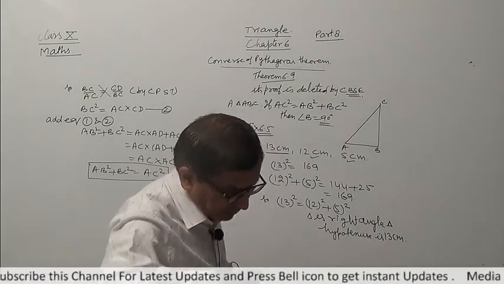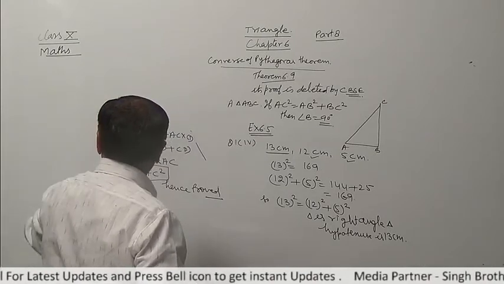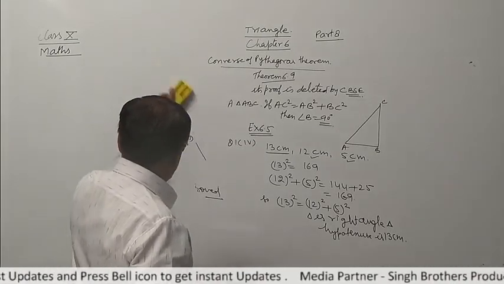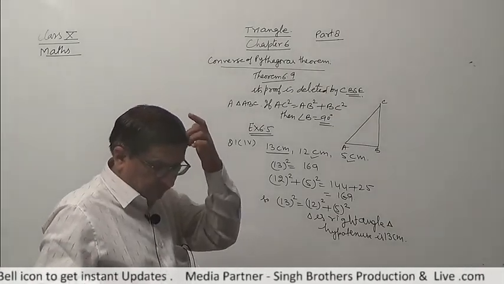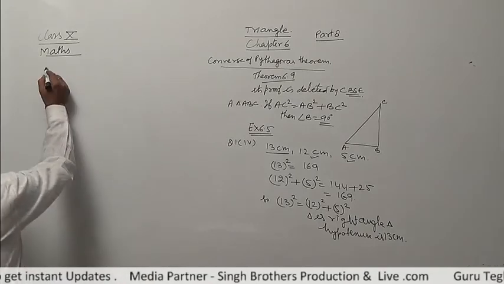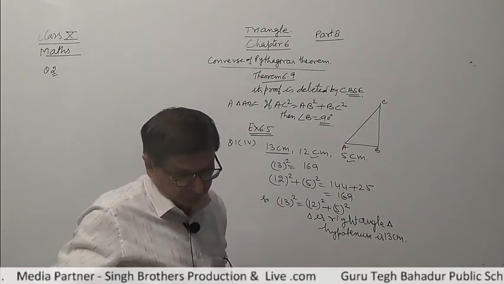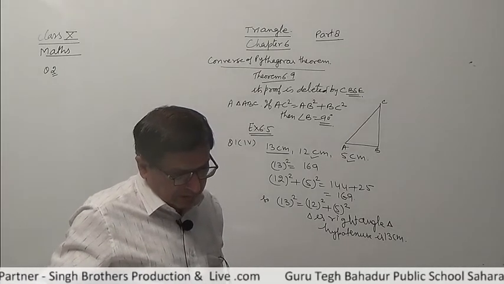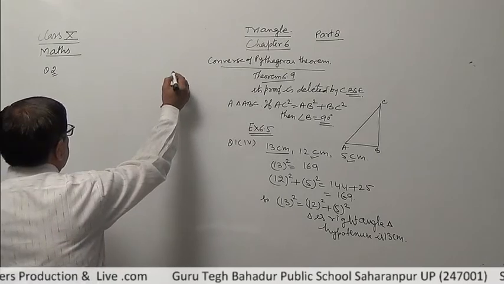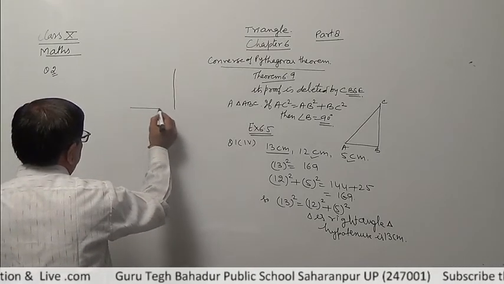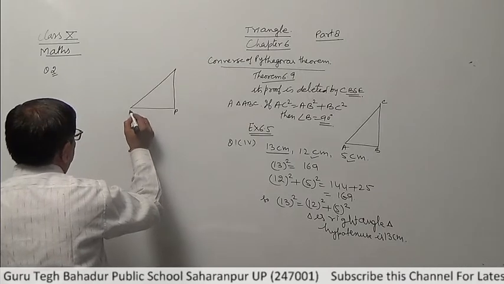See the question number second. PQR is a triangle, right angle at P. Angle P is the right angle.